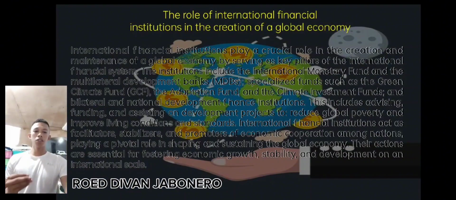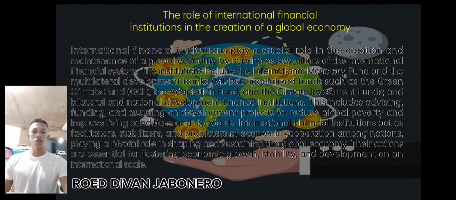The global interstate system. Explain the role of international financial institutions in the creation of a global economy. International financial institutions play a crucial role in the creation and maintenance of a global economy by serving as key pillars of the international financial system.